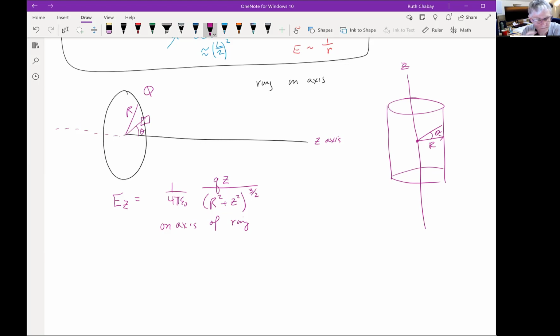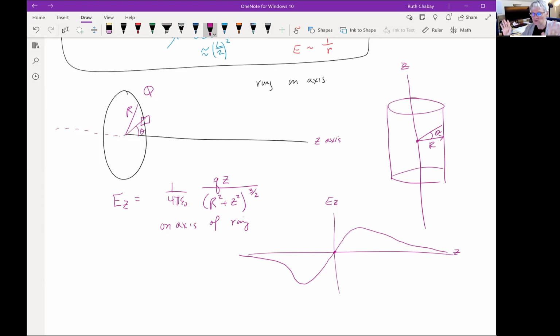So that works. But actually, if we graph E sub z as a function of z, it's got to be 0 here. And so it actually has a maximum, which is kind of an interesting thing. And here it points the other way. So anyway, that's something that you're going to need for the homework, and we can actually talk about it a little more next Tuesday if you want to.